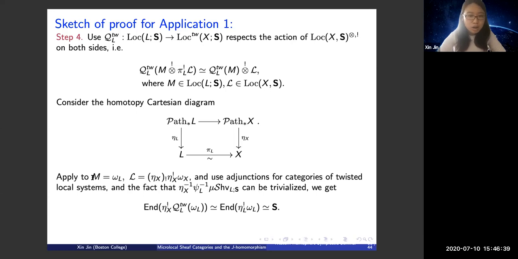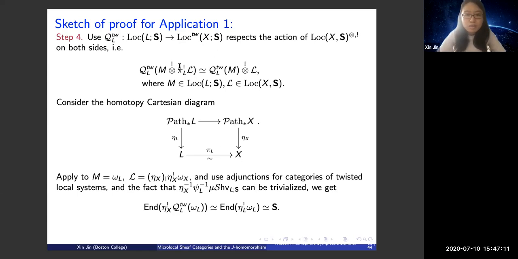Now we can apply this to the case where my M is the dualizing sheaf on L. Then I twist my M by this local system from upper shriek, lower shriek. But this is the same as just a lower shriek of the monoidal unit here, whose fibers, or co-stalks, compute the homology of my fibers.